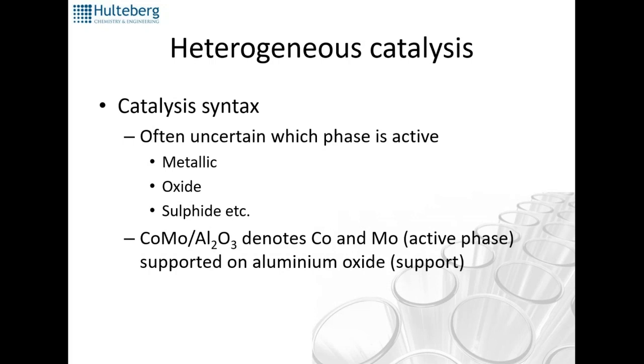So we never go into too much detail about the phase of the material. We just keep it simple and we talk about CoMo, for instance, cobalt molybdenum on alumina. In this case, cobalt and molybdenum is the active phase, and then we use a dash or slash to separate it from the support. In this case, it would be aluminum oxide.